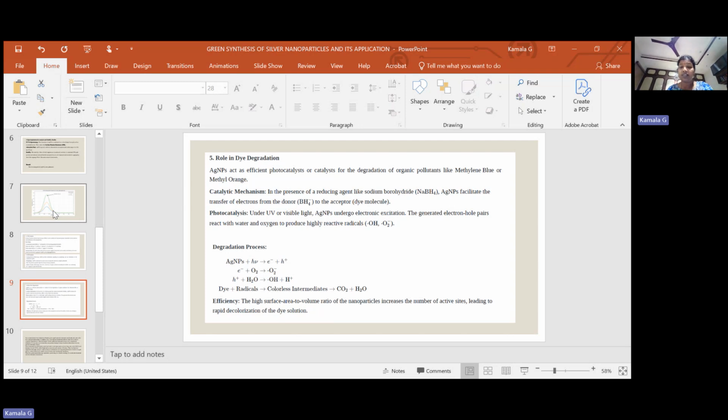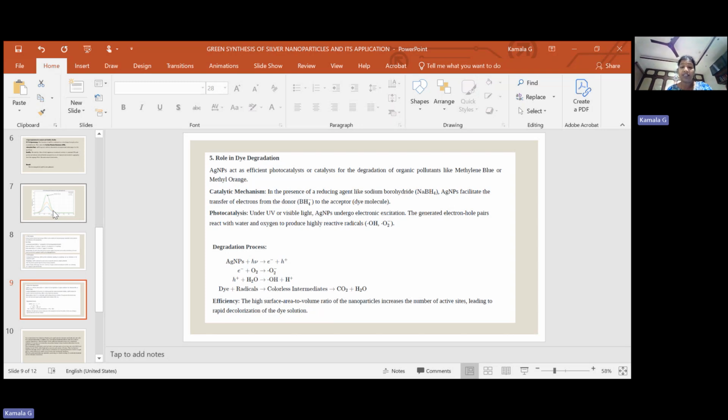Whatever nanoparticles are produced in the above strategies and analyzed for their stability, further, those nanoparticles are used to reduce dyes present as impurities in water bodies.